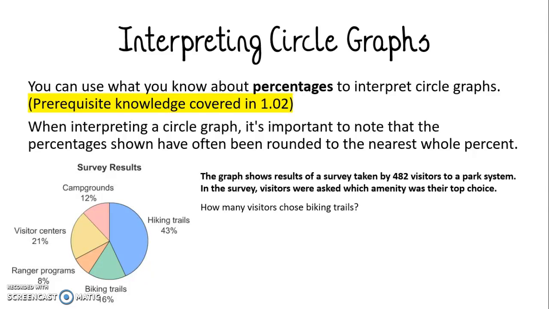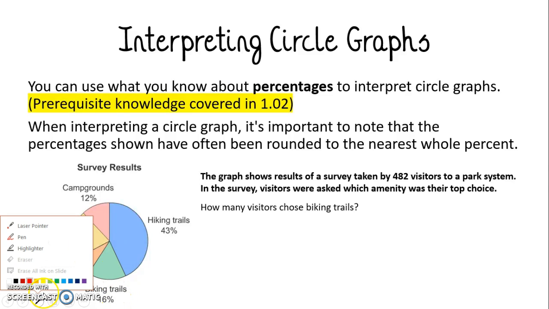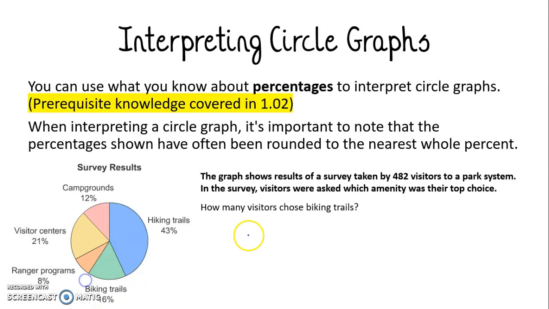Our first question asks, how many visitors chose biking trails? So the first thing I want to do is look at which of these sectors represents biking trails. And I can see that that is our green sector, and it's telling me that that is 16%. So then I'm going to take my pen tool here, and I'm going to find what is 16% of the total, which we know is 482.